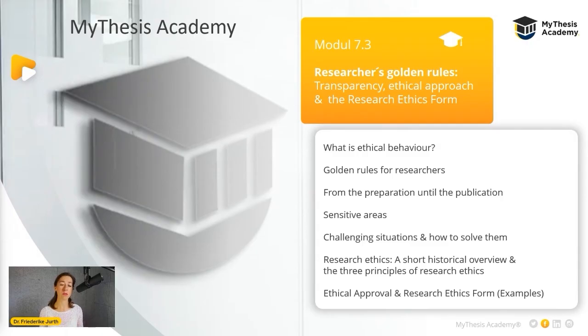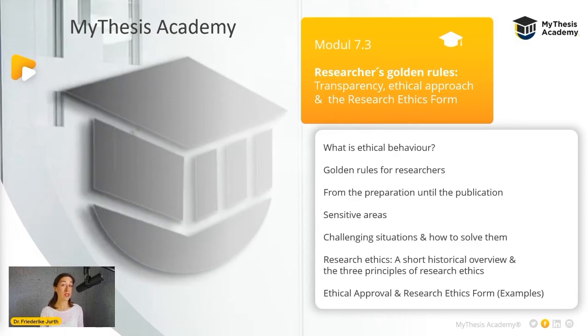So what does it mean to behave ethically and morally in a correct form during your fieldwork? Then we will get over to the golden rules for present researchers, and we will see how to deal and how to behave correctly from the moment of preparing your fieldwork until the publication.